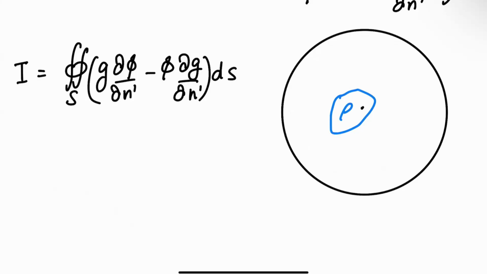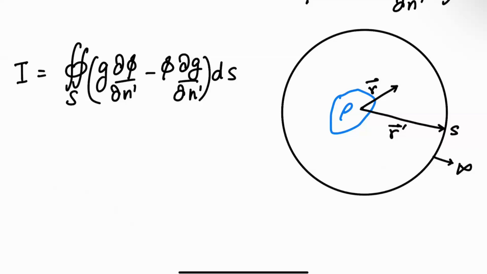Let's say this is the center of the sphere. We're interested in an observation point r, while the source point is on this surface S, and we're sending this surface off to infinity. It's very large, essentially, which means r' is much larger than r.